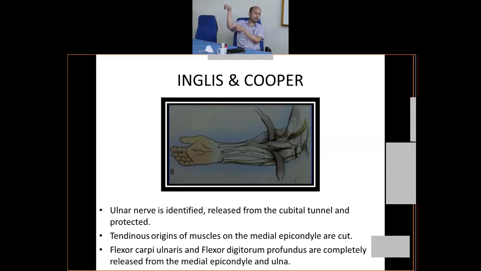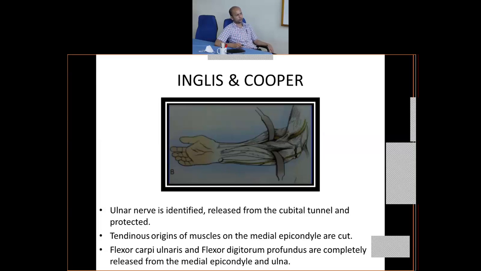Once you release all the muscles from the elbow, that tension, that contracture, gets relieved a bit, because you are detaching the common flexor origin proximally. So distally, the patient will be able to extend the wrist.